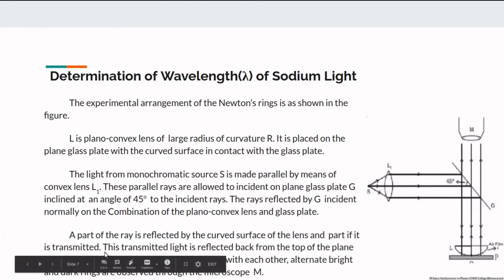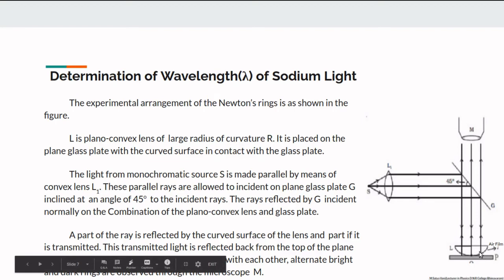When this normal light is incident on the combination, a part of it is reflected at the curved surface and a part of it is reflected at the plain glass plate, that is, on the upper and lower sides of the thin air film.